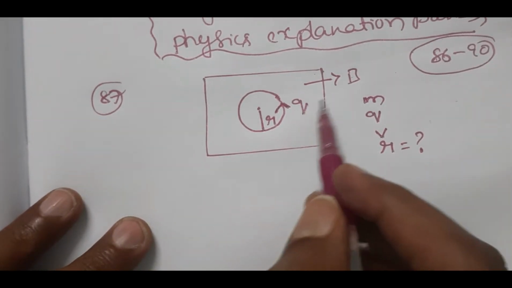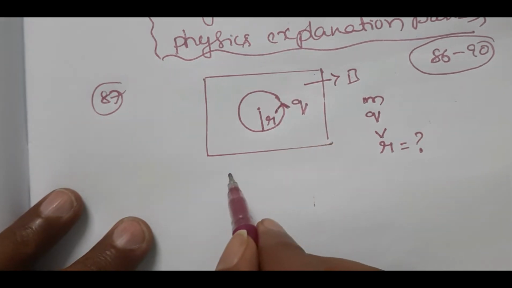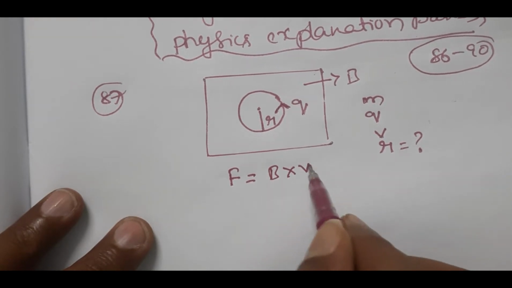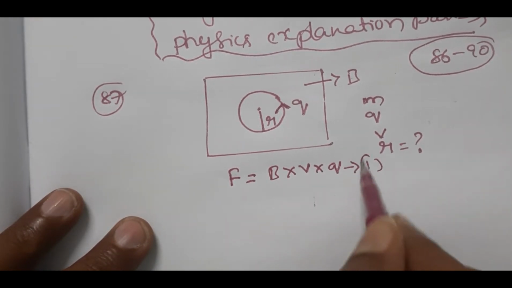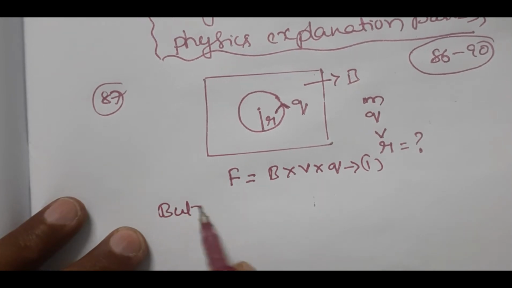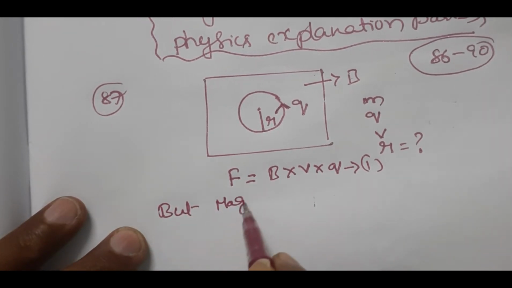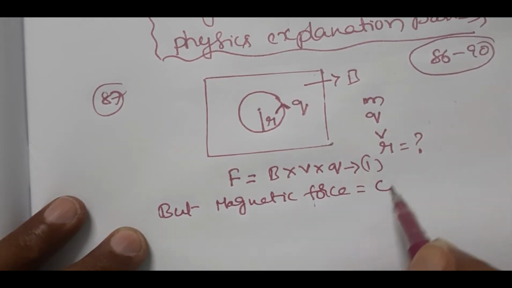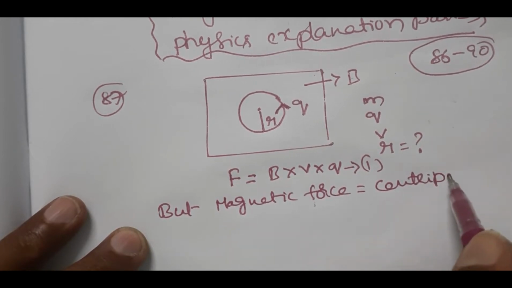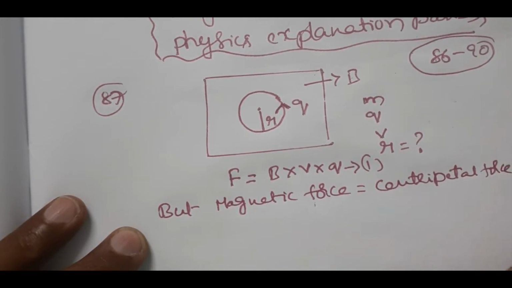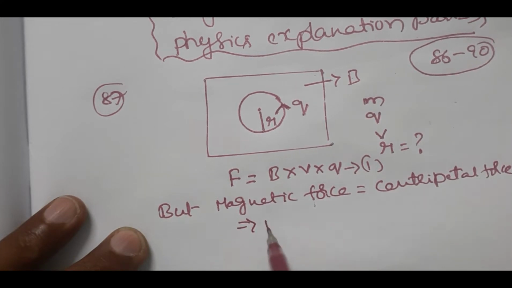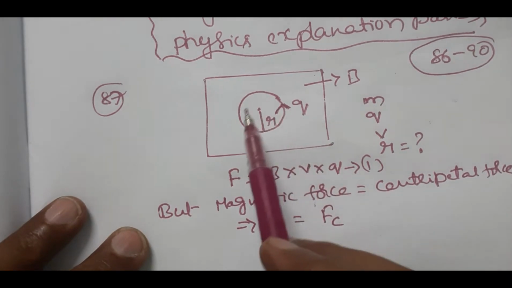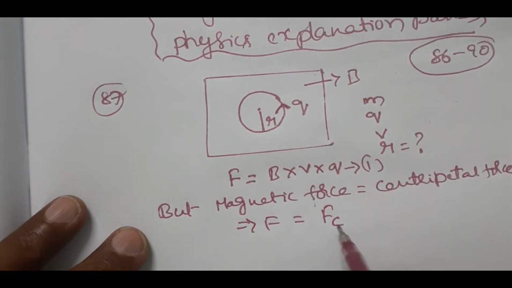When the charge is moving perpendicular to the magnetic field, the magnetic force acting on the charge is given by the formula B V Q. It is equation 1. But this magnetic force here is equal to the centripetal force, because the particle moving along a circular path must have centripetal force Fc.